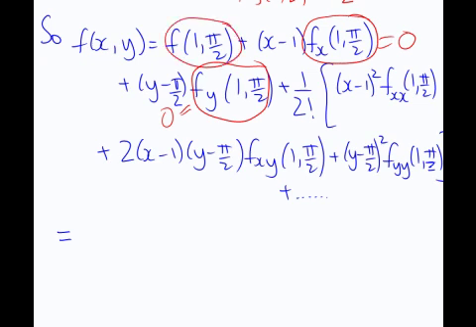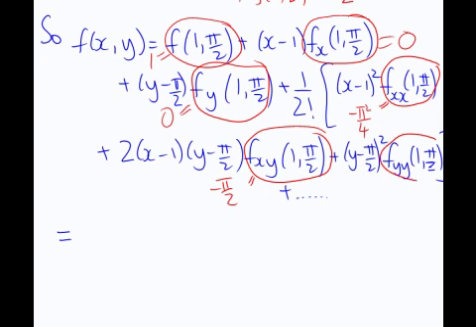But I also had that the function at 1, pi by 2 was just 1. The second derivative with respect to x was minus pi squared over 4. The mixed derivative was minus pi by 2, and the second derivative with respect to y was minus 1. So I had those written down before. You can scroll up the top of the screencast to check those if you want to.